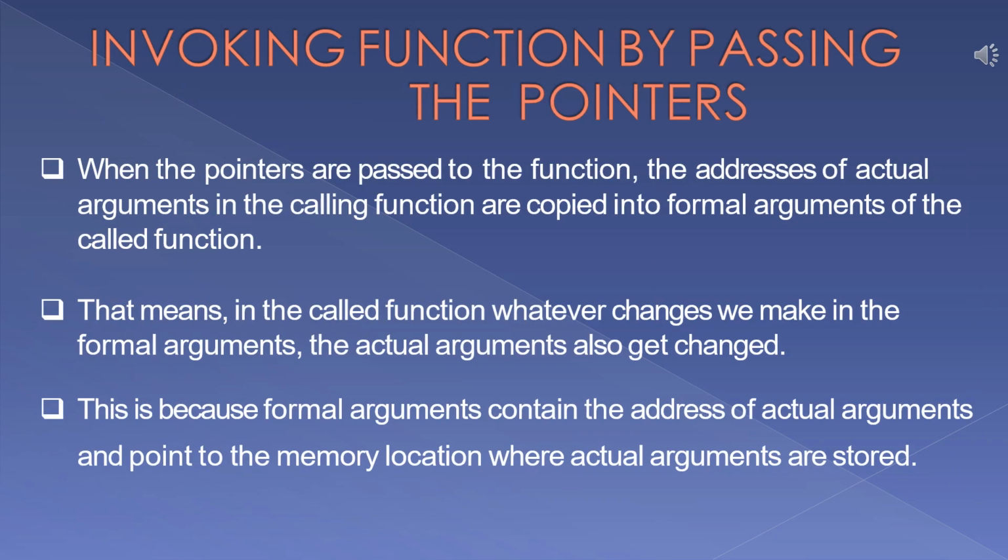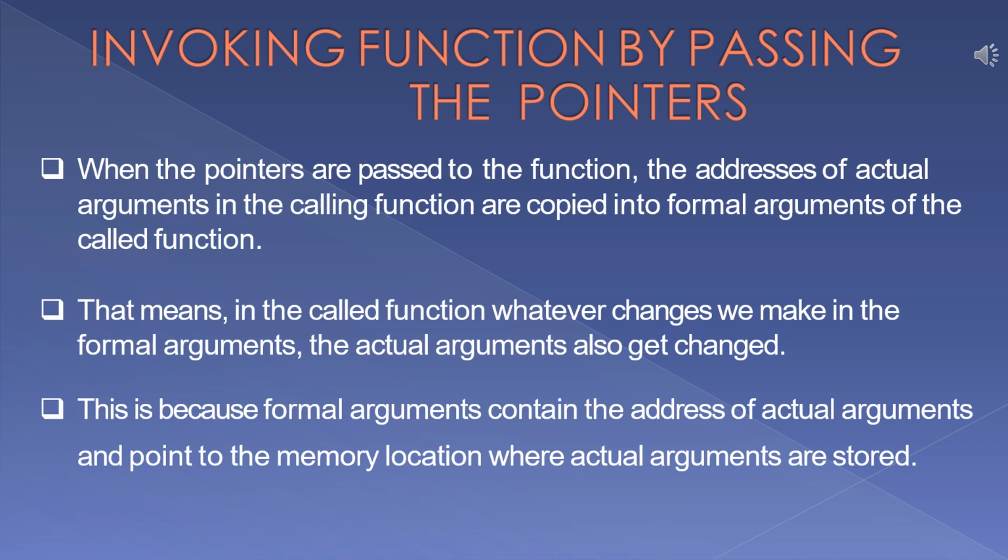Now we'll see how you pass arguments to functions using pointers. When you pass function arguments as pointers, the address will be assigned to a pointer. The one that you pass is called the actual argument, and the one that you declare in the function is called the formal argument.